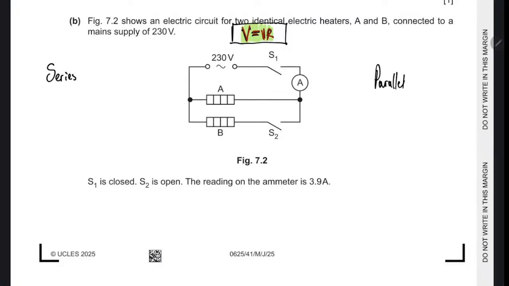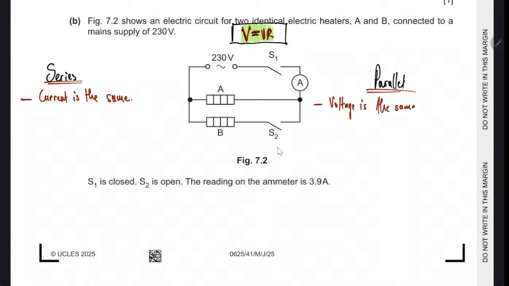For series, there's some information that will help you. This is the information we give you. If you're in series, you must remember that current is the same. You must remember that, okay? If you have two resistors that are in series, remember that current is the same. For parallel, remember that voltage is the same. When we say voltage is the same, what do we mean, Mr. Clarify?